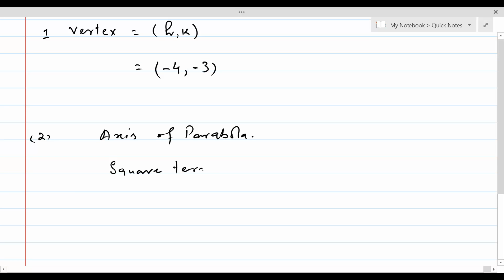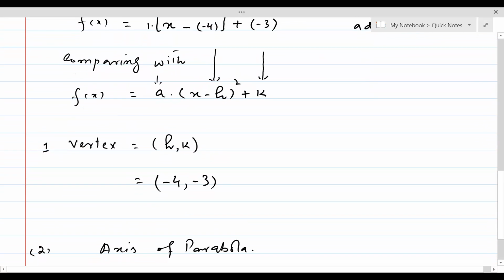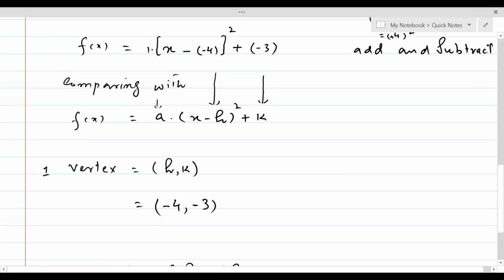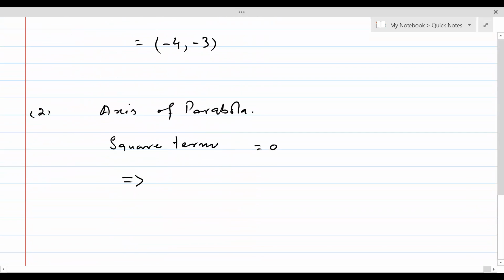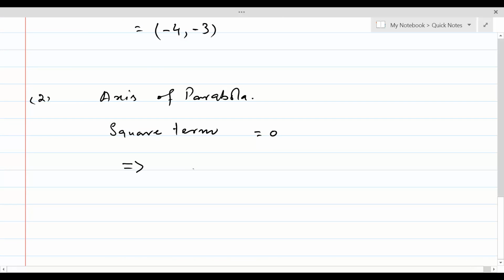The squared term is x minus negative 4 whole square, meaning x plus 4 whole square is equal to 0.